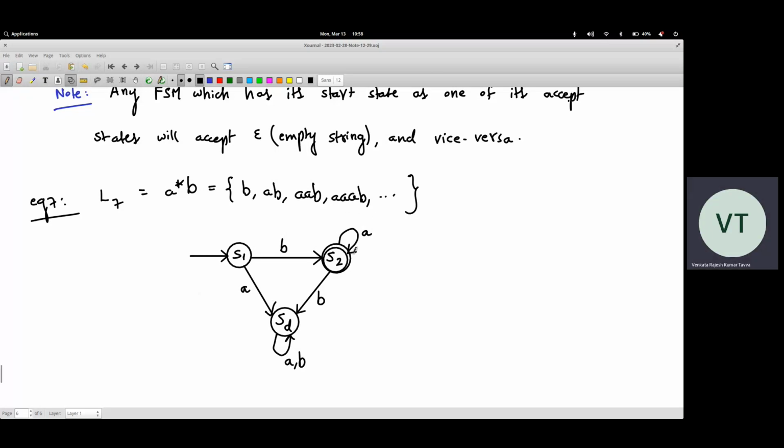You can't have two outgoing arrows for the same symbol. If I write AB here, it means S2 goes to S2 on A and S2 also goes to SD on A. That is not allowed. Okay.